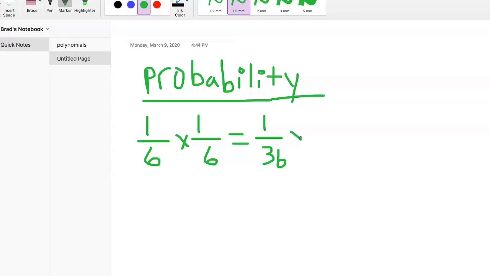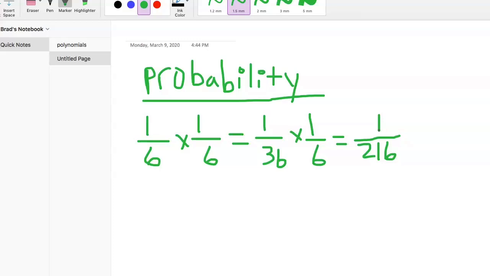Since the question was 3 6s in a row, we multiply by 1/6 one more time. 36 times 6, I'll save you the hassle of doing the math, is 216. So you have a 1 in 216 chance of rolling 3 6s in a row. Not all that likely, right?